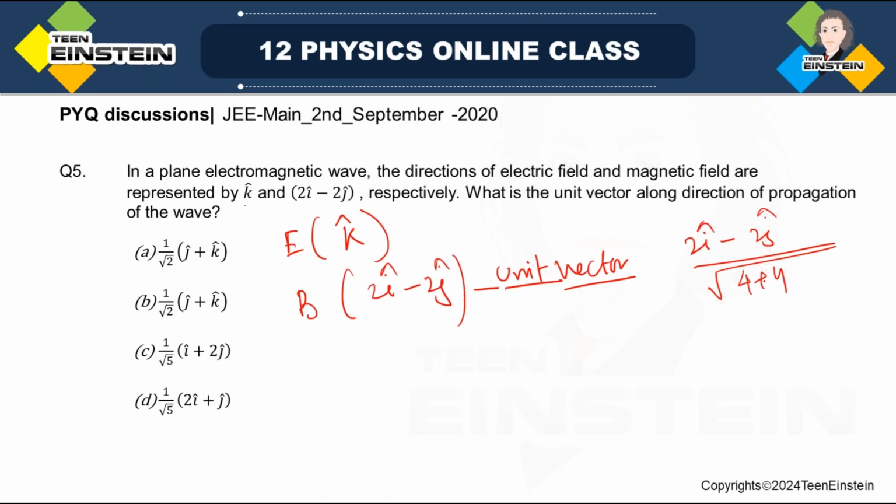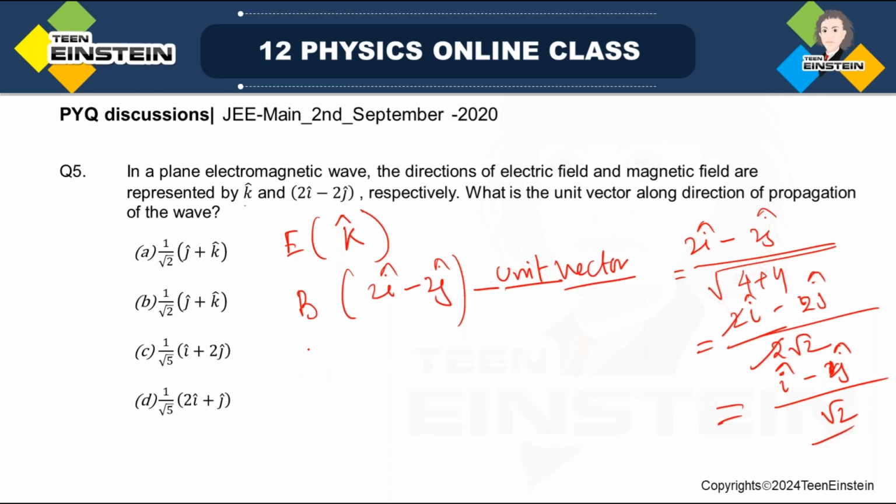So you get 2 root 2, so this will get cancelled. So you will get direction i minus j divided by root 2.